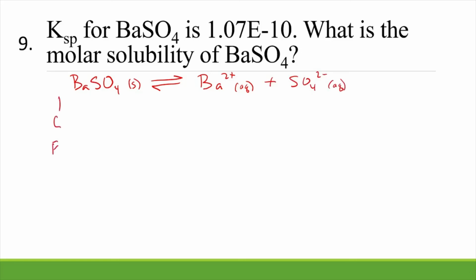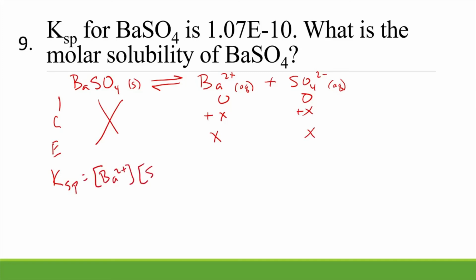ICE table. Doesn't count. Starting with 0, gaining X, X, X. So Ksp here is equal to barium times sulfate. Nothing is squared or cubed or anything, so that's just X times X, which is X squared. And this is equal to 1.07 times 10 to the negative 10th.